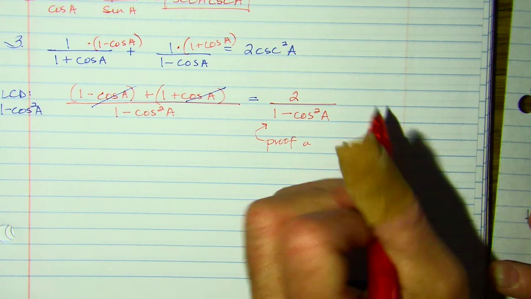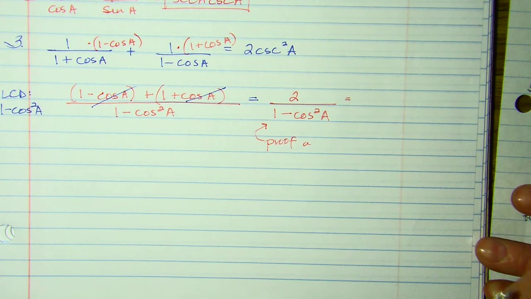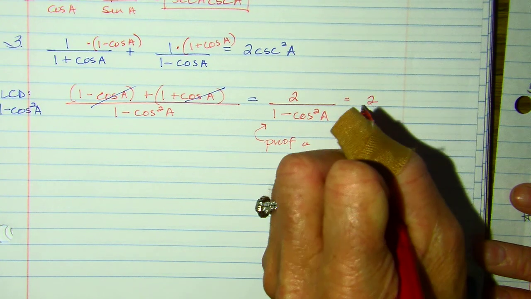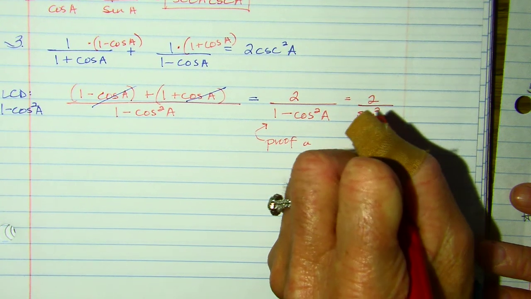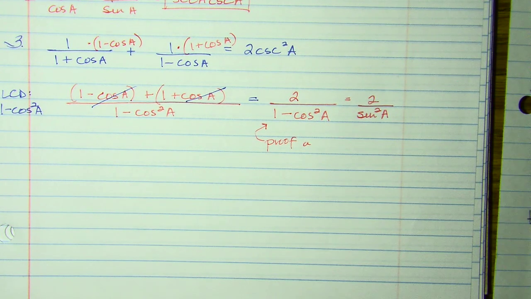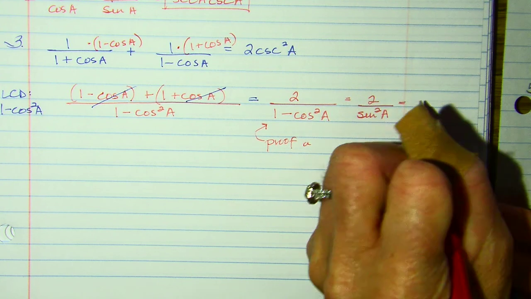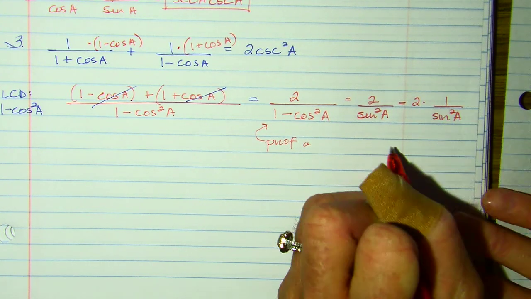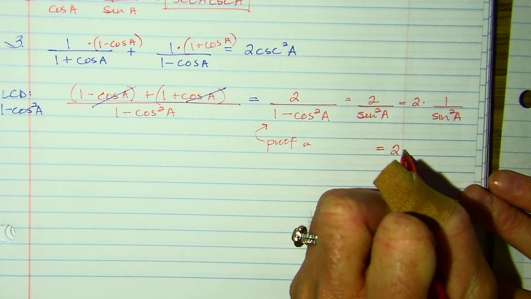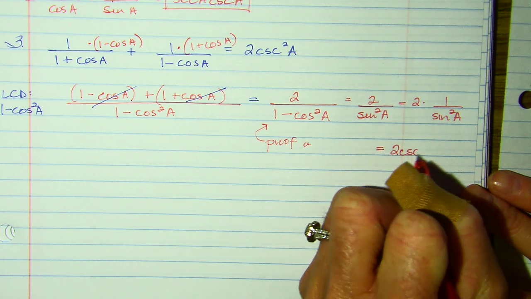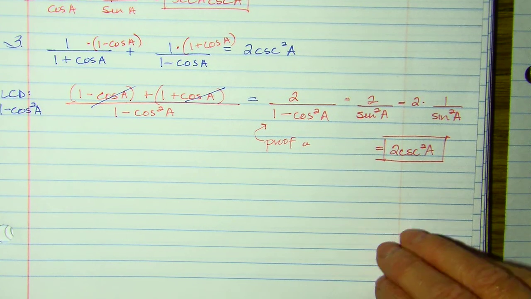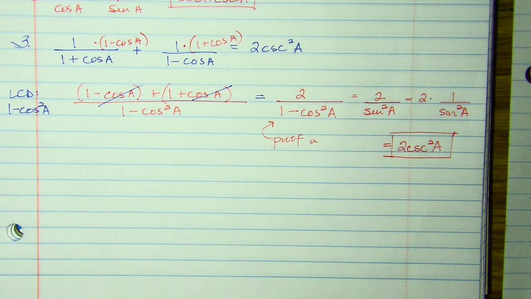So I now have 2 over sine squared of A, which equals 2 times 1 over sine squared A, which equals 2 times the cosecant squared of A. I know that's a lot. Next one.